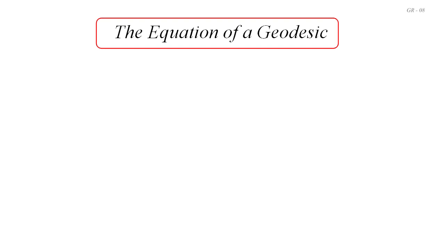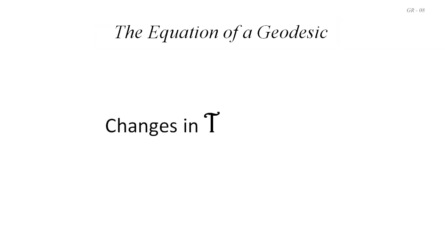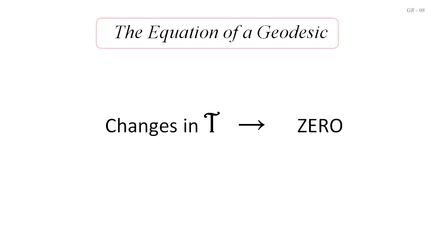In order to find the equation for the geodesic, we must create an expression for the likely changes in the tangent vector over the trajectory, and then we must put that expression equal to 0. In other words, we will force there to be no actual change in the tangent vector, and we'll then be left with what should be the equation of a geodesic, which will involve the measurements we get.